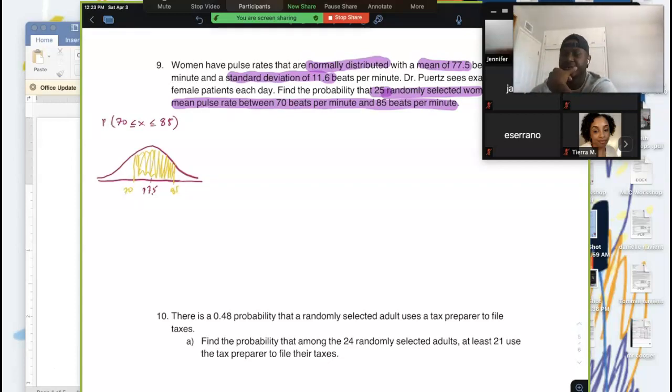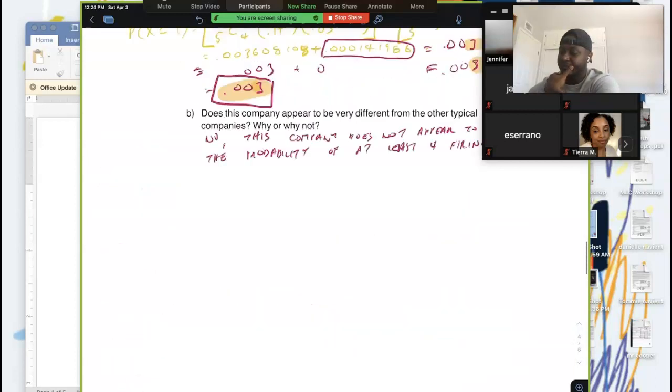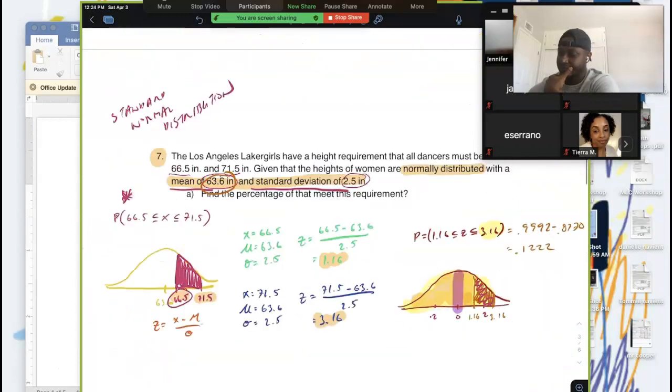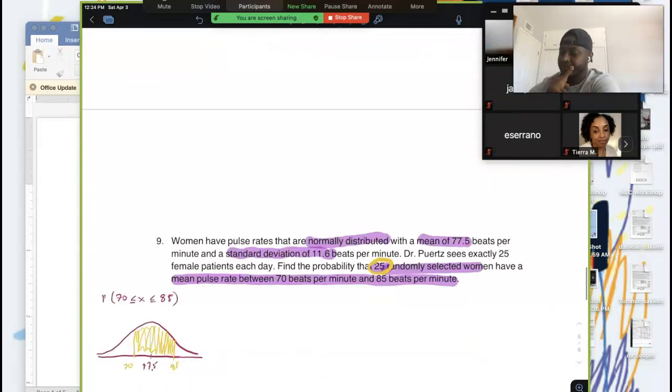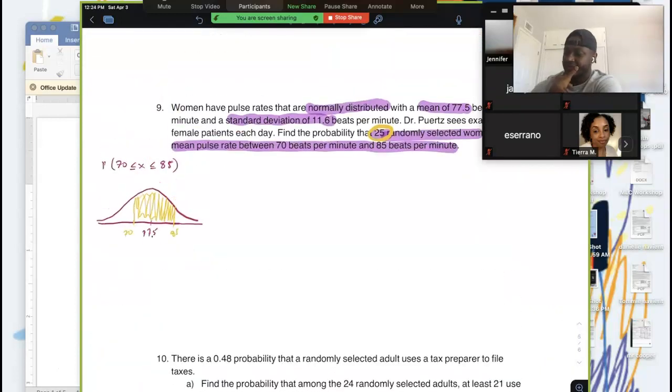Anything else, like in the wording of the problem? Right, this time we're looking for a group of 25 women. In the problem before, it didn't even tell us. We just assumed we were looking for 1, right? So when they give you a group size, then how we find the z-score is different, right?